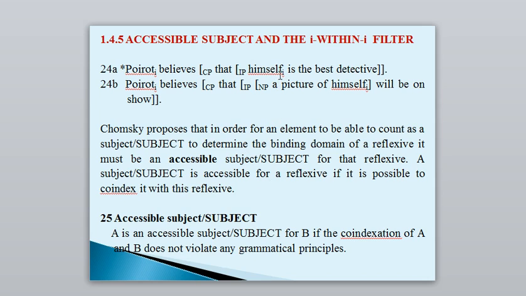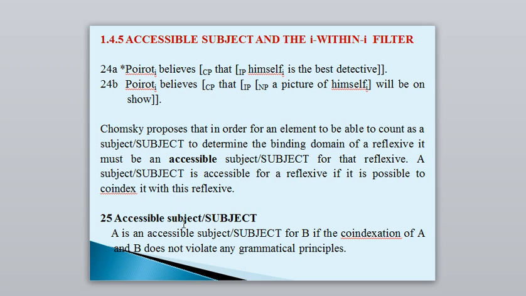You see here, this is the index, the little i. If we can co-index these two without any problem, we can say that this is the accessible subject. If we cannot co-index these two, this is not the accessible subject.